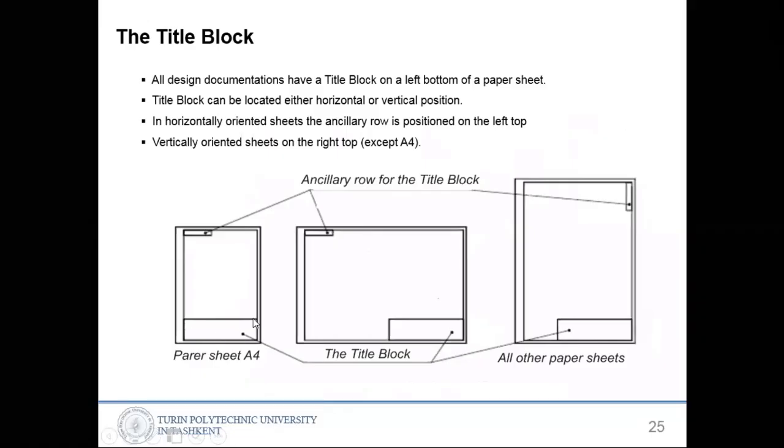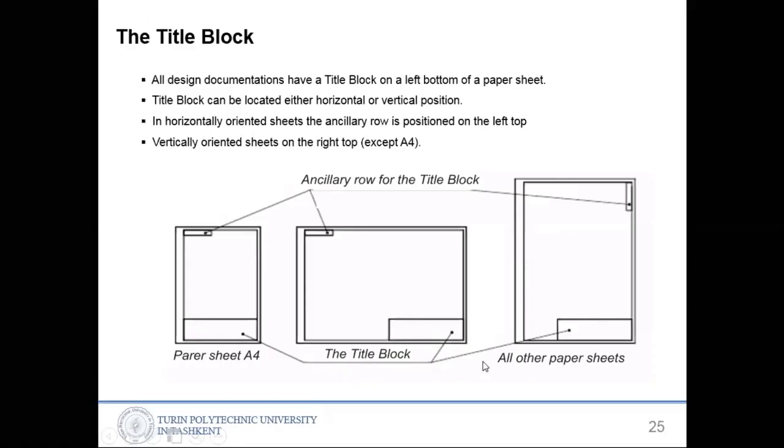Because that rectangle includes the part name and who did the work: the designer or draftsman's name, the part name and part number, the document number and the date, who approved this drawing, the company name, and the scale and weight of the part. To include that information, we need a title block.